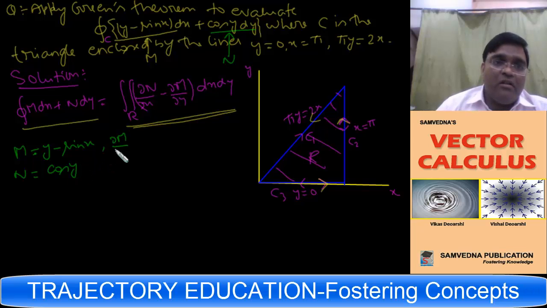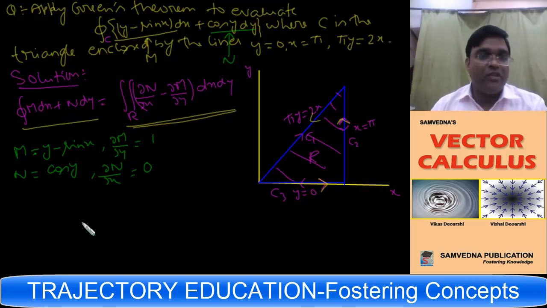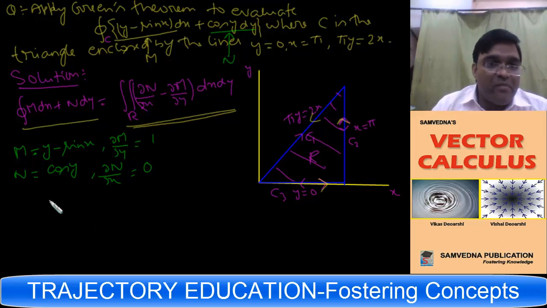So from here dM by dy is 1 and dN by dx is 0. So dN by dx minus dM by dy is going to be minus 1.